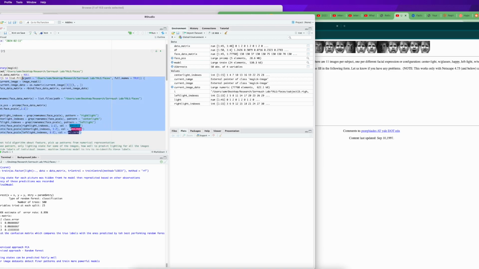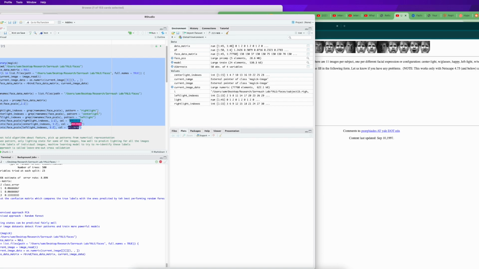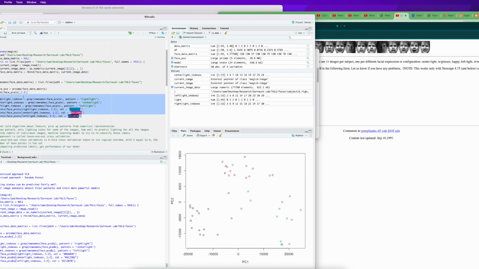After I run this code, it's going to plot each of the individuals, and it's going to choose the principal components, which basically decompose all of the different pixels and then magically linearize them into two of the most important components.